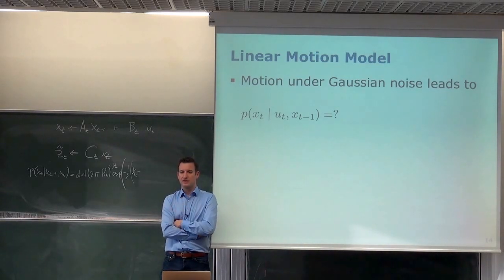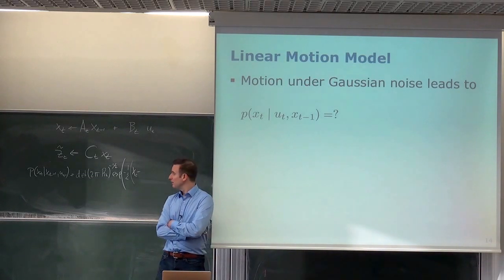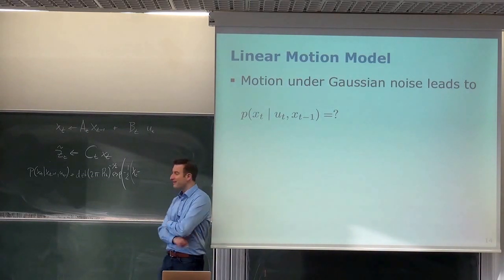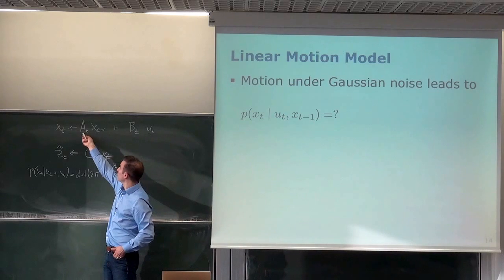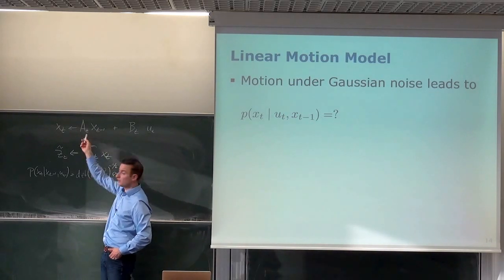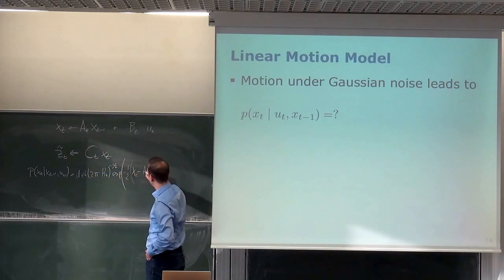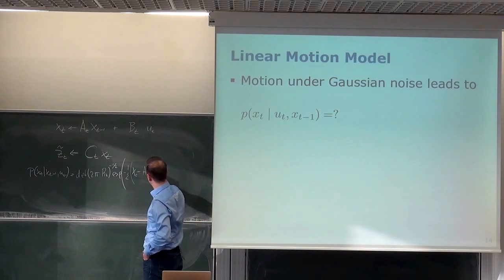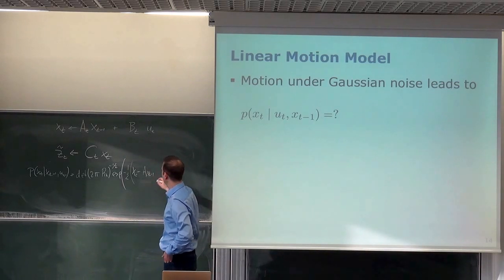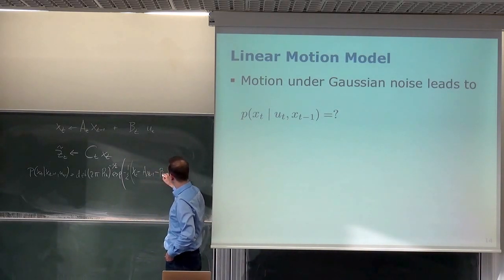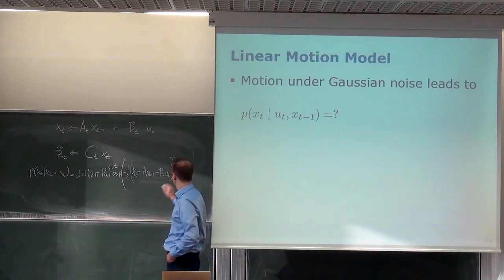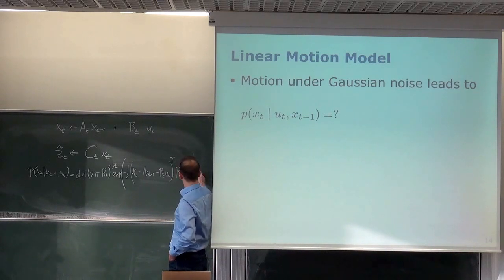Yeah. BT times UT. Nearly. So it takes into account the whole thing. It's not only the BT. It takes the whole transformation into account. So it's A xt minus 1, or AT xt minus 1, minus BT UT, transpose, then my RT inverse, and the second term here again.